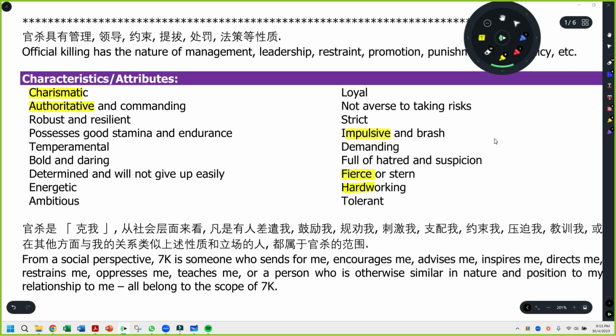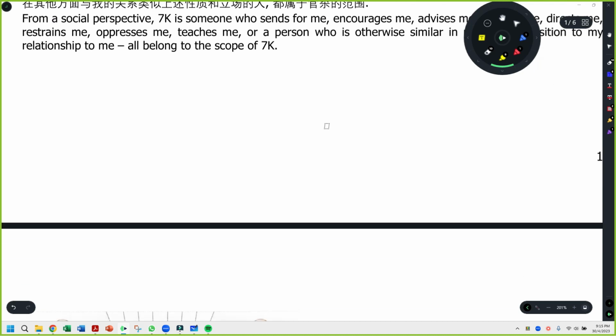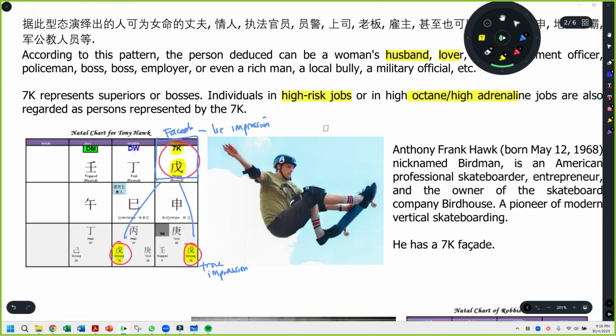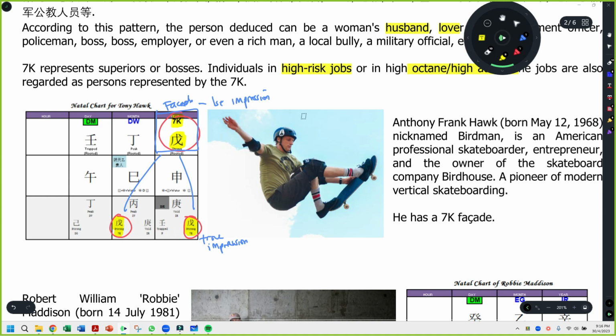You can see it as being a very demanding person. Maybe bold and daring. So not necessarily fierce, but fierce can be, of course, because this 7 Killing is a strong 7 Killing. So it's a strong 7 Killing: first impression and true impression.